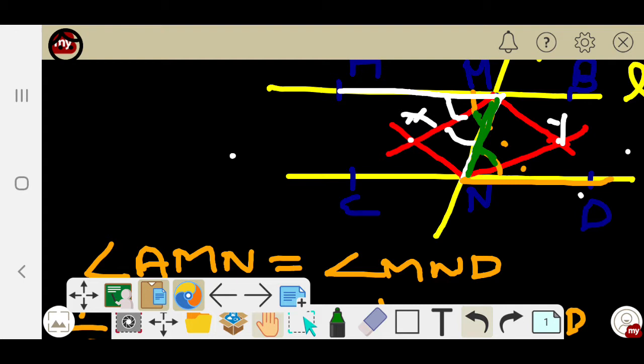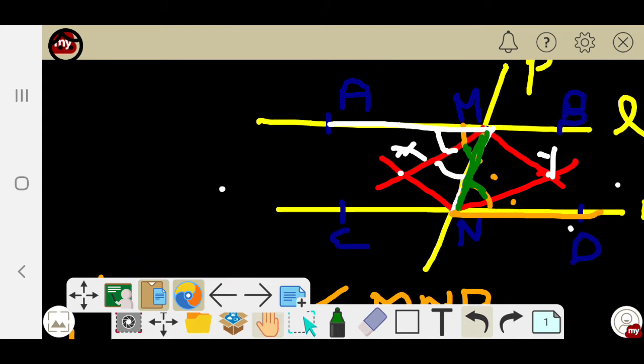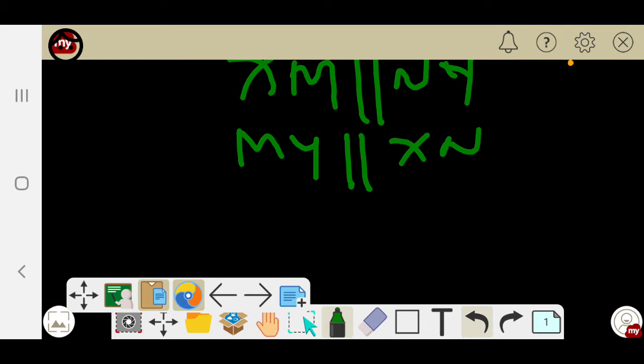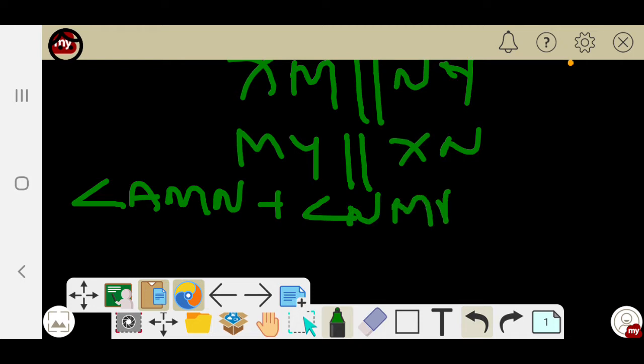Consider the angles AMN and NMB. What is AMN plus NMB? Angle AMN plus angle NMB equals 180 degrees.